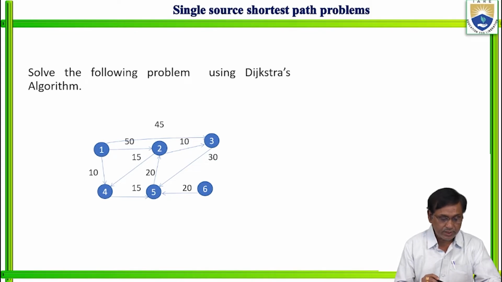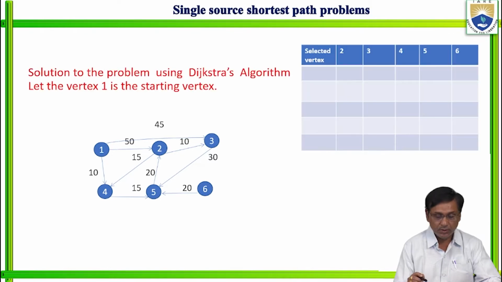Now we have to start with vertex 1, that is the source vertex or starting vertex. Now we have to mark the distances corresponding to the vertices. 1 to 2 is 50.